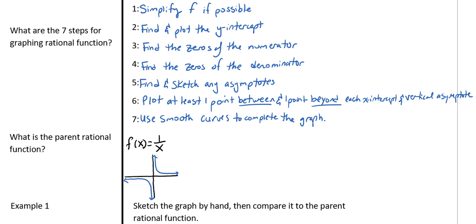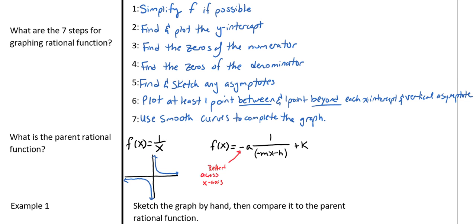So what do transformations look like? How can we tell which direction things move? If we take a look at our parent function with the a's, h, and k's, you'll see that the transformations are the same as they were for the quadratic parent function and its transformation, as well as the absolute value parent function.